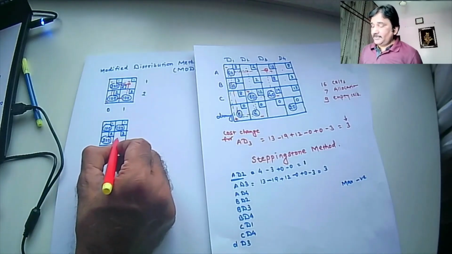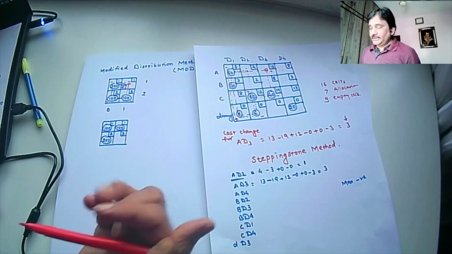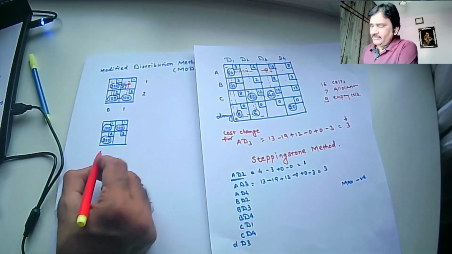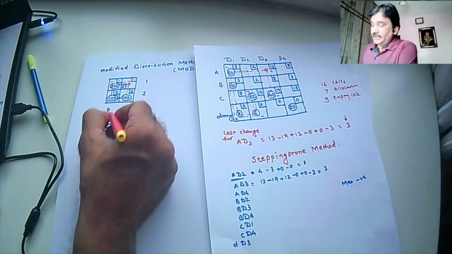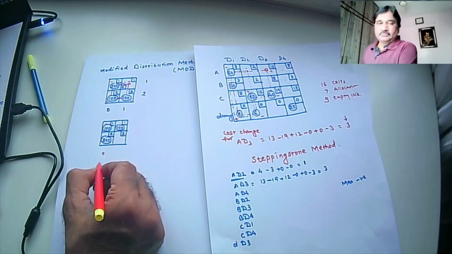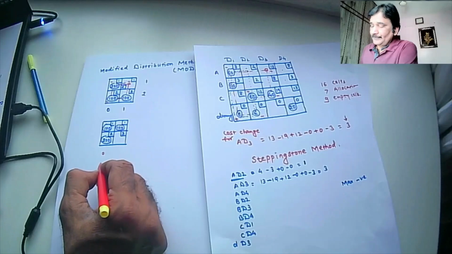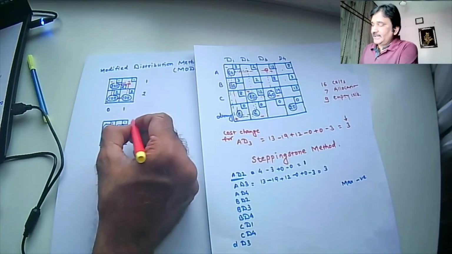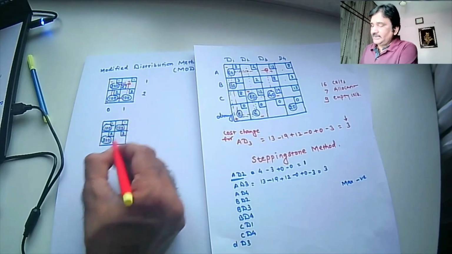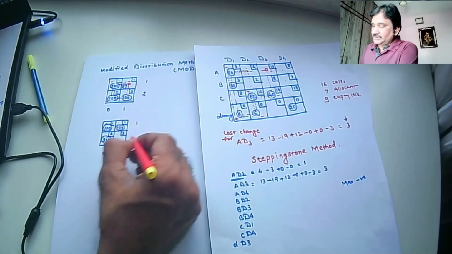So I will be finding the saving potential of all the empty cells once again by the same method. What I do is assign to the first column number 0. Then from the allocated cells I will be finding the row numbers. So 1 minus 0 is 1, 2 minus 0 is 2.